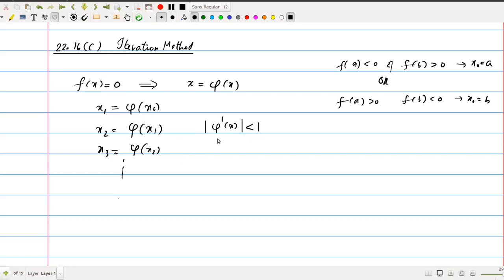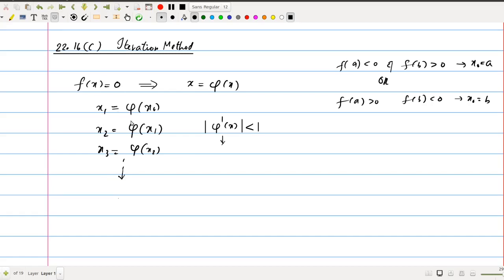Only then will x1, x2, x3 give the root of this equation. The modulus of phi dash of x should be less than 1. The smaller it is, the more rapidly the convergence of x1, x2, x3 gives the solution of f of x equal to 0.